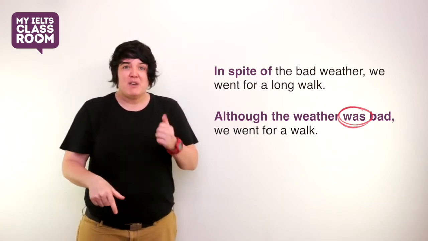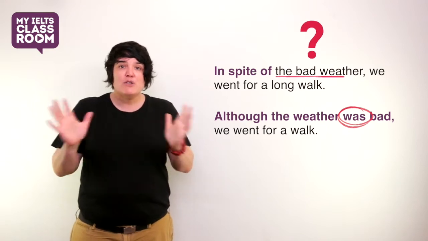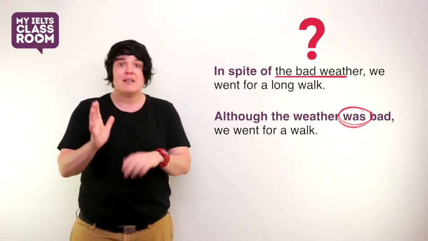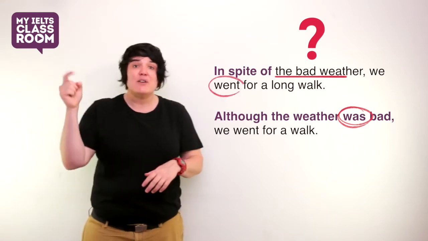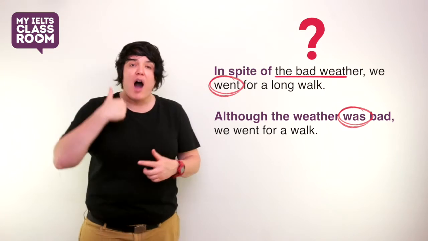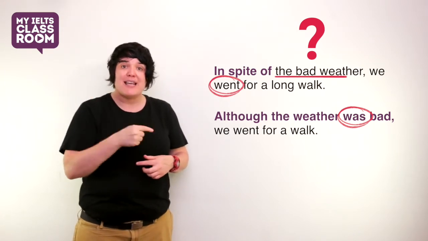This is tricky because in the despite sentence, we don't know the tense of the sentence. We have to find the tense by looking at the second sentence. Here it says went for a walk, so I know I should use the past in the first sentence too. If you found this difficult, don't worry, there are lots more practice activities waiting for you when this video ends.